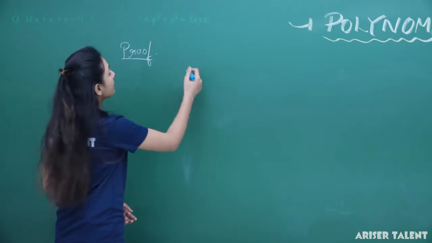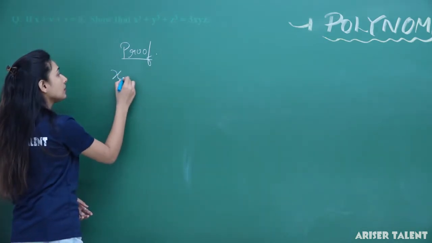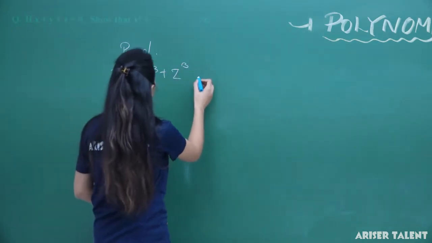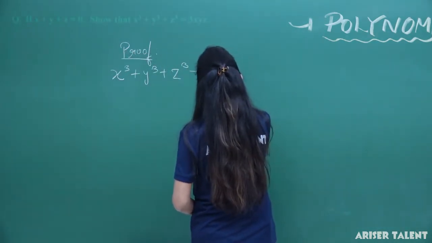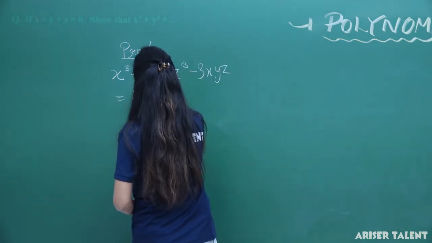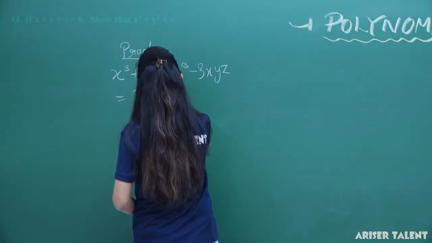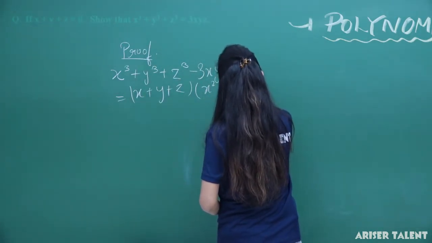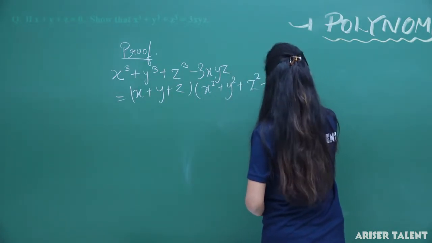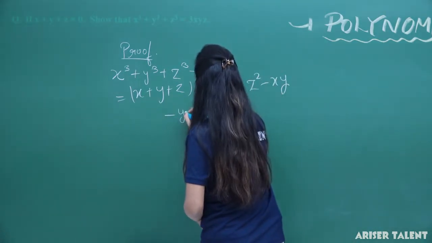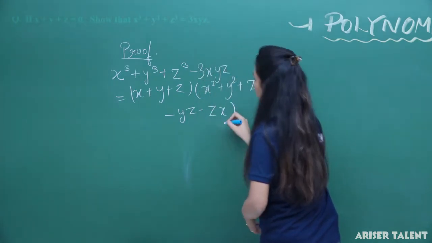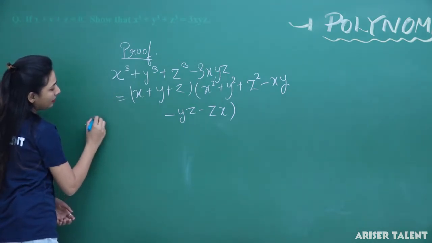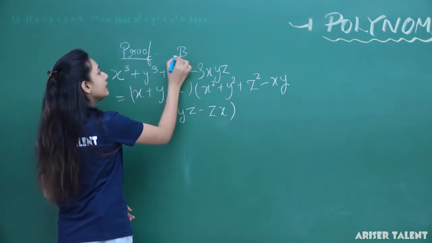What we are going to do is just writing x cube plus y cube plus z cube minus 3xyz equals to, I have told you the formula, x plus y plus z multiplied by x square plus y square plus z square, note it, minus xy minus yz minus zx, right? This is by identity.